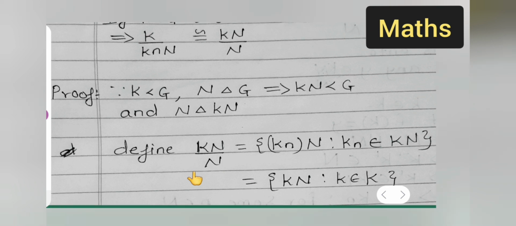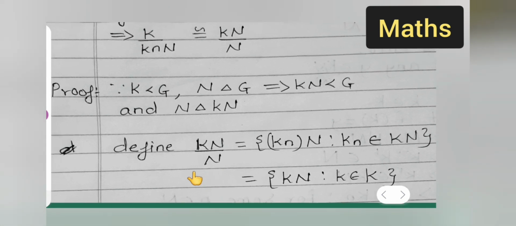So basically what we do is we take the left coset. So we define KN upon N equal to the set of kn times N, where this small kn belongs to capital KN.